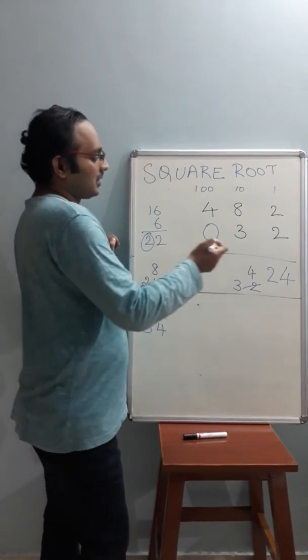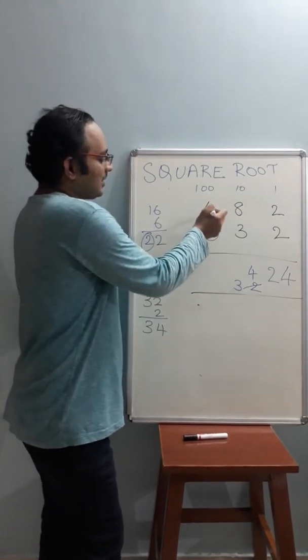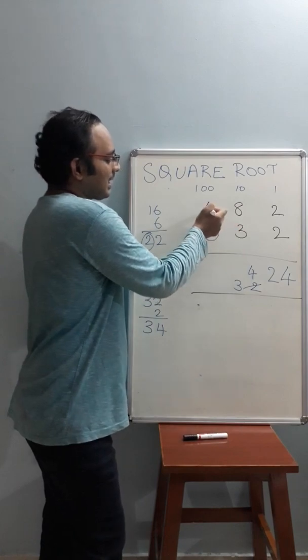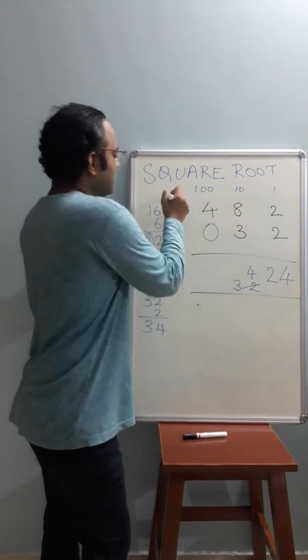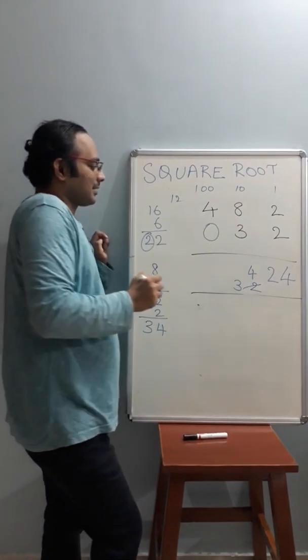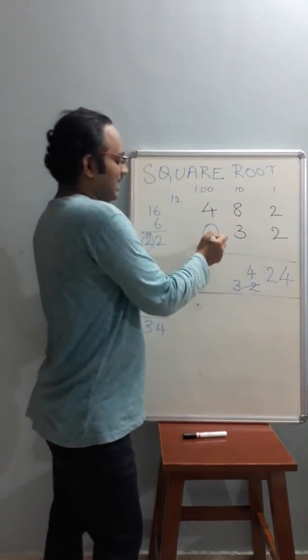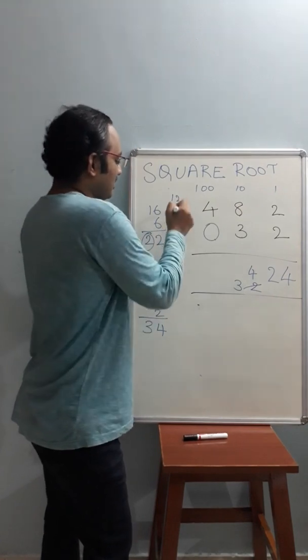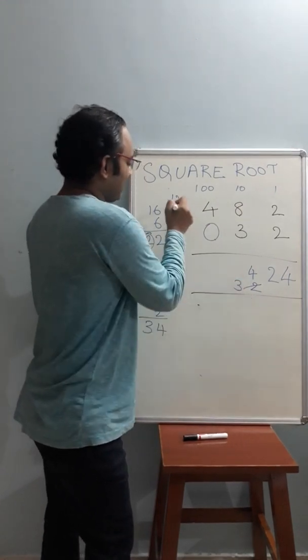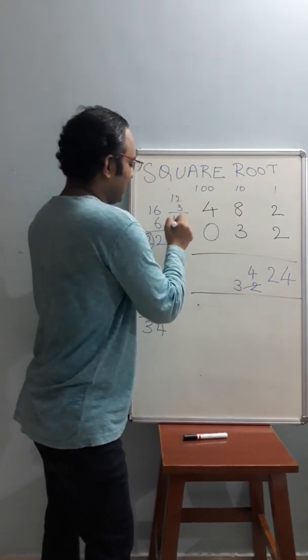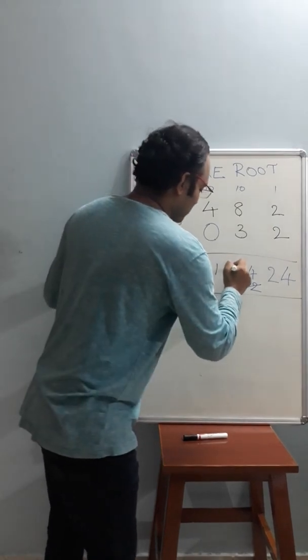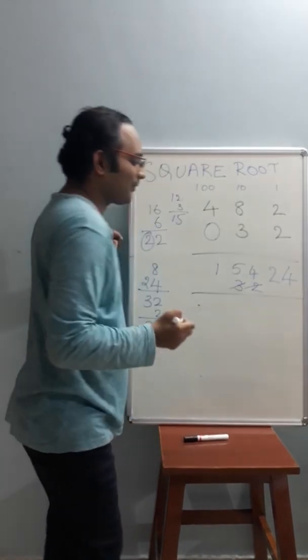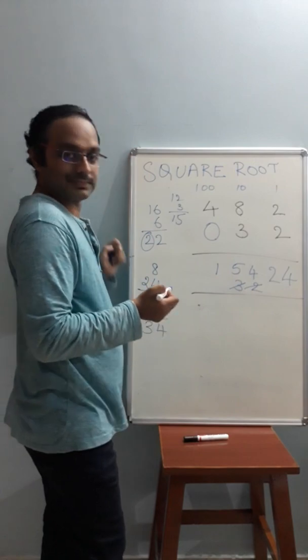Now, to find the thousands place, 4 hundreds into 3 tens, that is 12 thousands, plus 0 hundreds into 8 tens is 0, and we already have one carry here, plus 3 is 15. So our answer is 15424.